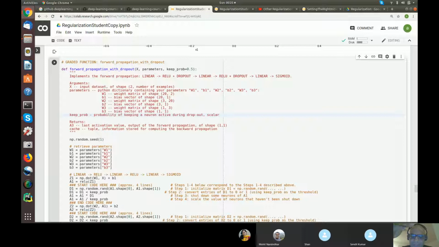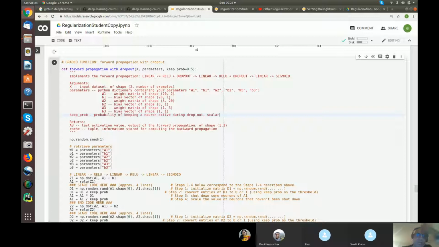If your keep probability is, let's say, 0.8 or 0.9, then you would have 80 neurons, or 90 neurons. That allows you to control what percentage of neurons you will allow to go to zero.